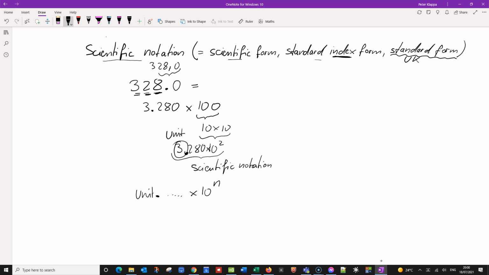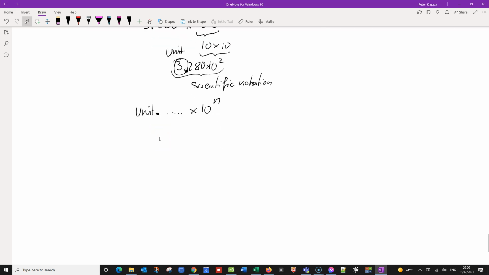So how do we usually find this? And of course we can do this with large numbers or with very small numbers. So I just write one number here, 123456.7. Let's say we do it like that. And we want to express that in scientific notation, I should say.